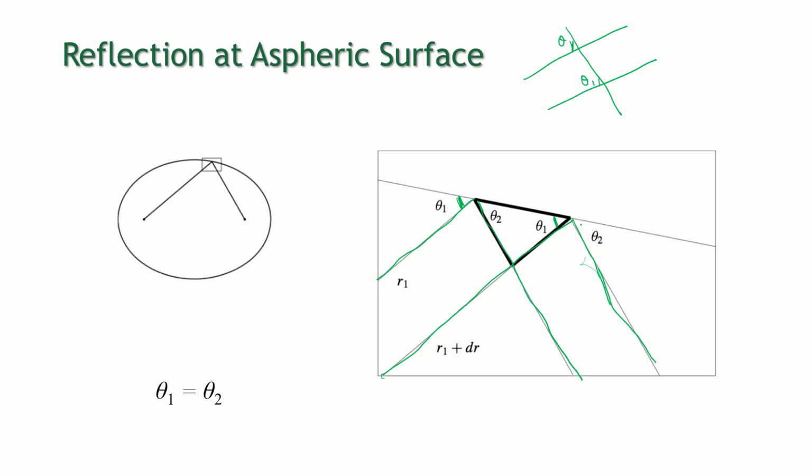So that means this is theta 2 and that's also theta 2. So this angle is theta 1 and this one is theta 2, and from the isosceles triangle these two sides are equal. That means theta 1 must be equal to theta 2. Okay.